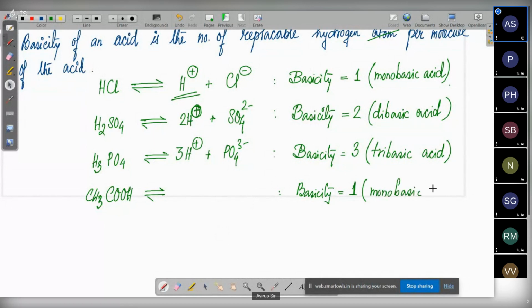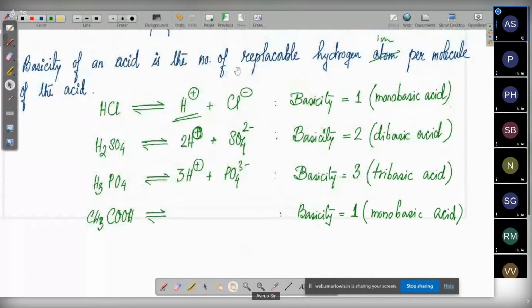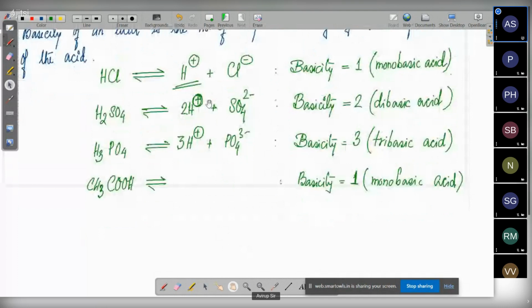Because if you look into the definition, I did not write number of hydrogen. The definition was not number of hydrogen. It is number of replaceable hydrogen. So when you learn about organic chemistry, then you will see that all the hydrogen from this molecule cannot be replaced. Only this hydrogen can be removed.